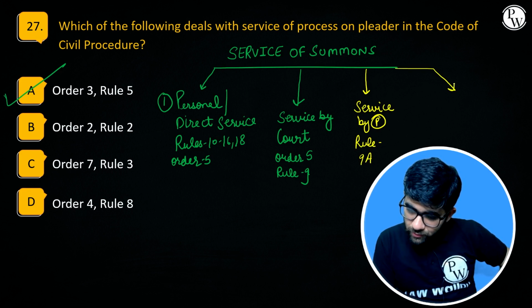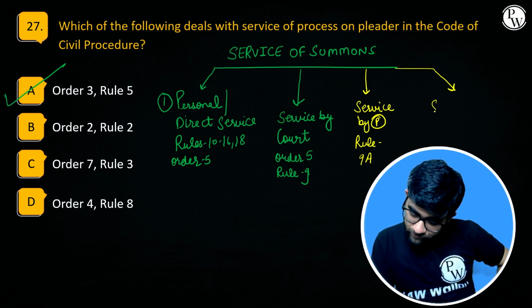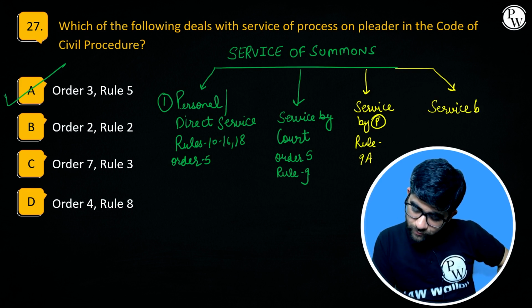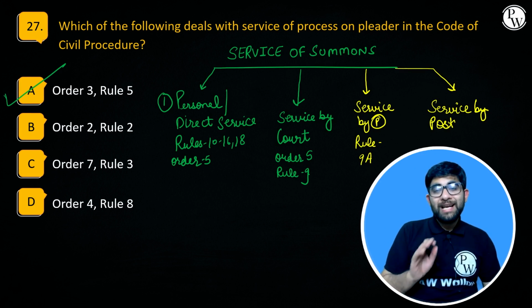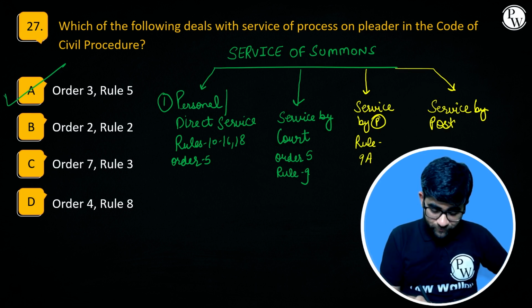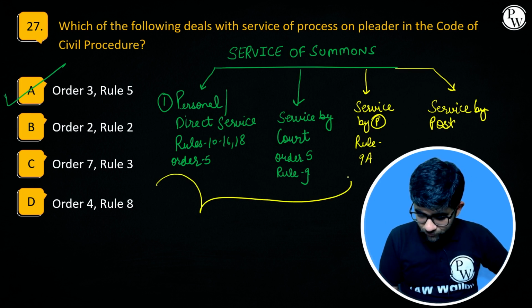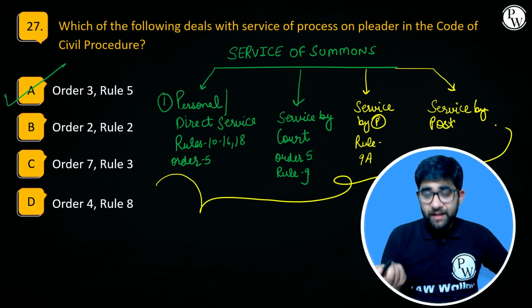Next, service by post. Right. Now, these are 4 kinds of services. Now, what if all these fail?